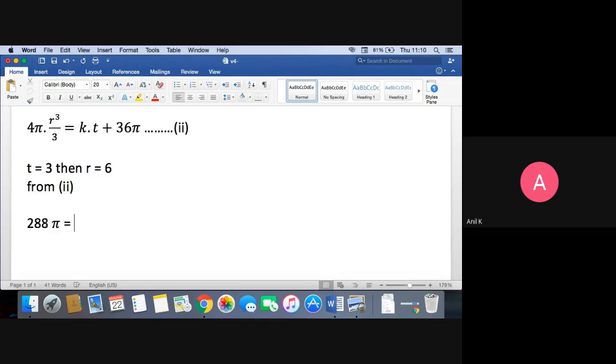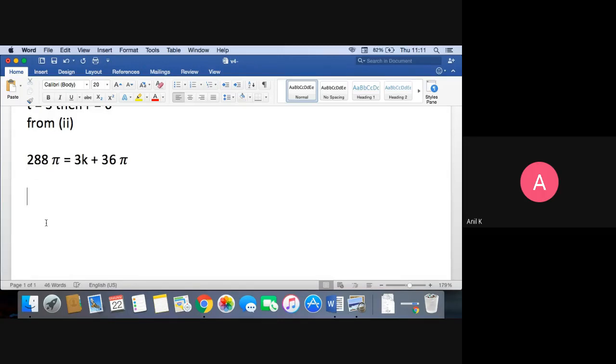288 pi will come, which is equal to, now the t value is 3, so it will become 3k plus 36 pi. Now you have to simplify the equation and find the value of k. First let me bring the 36 pi to the left hand side: 288 pi minus 36 pi.